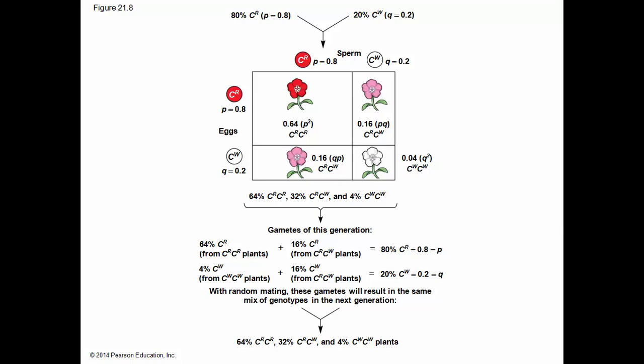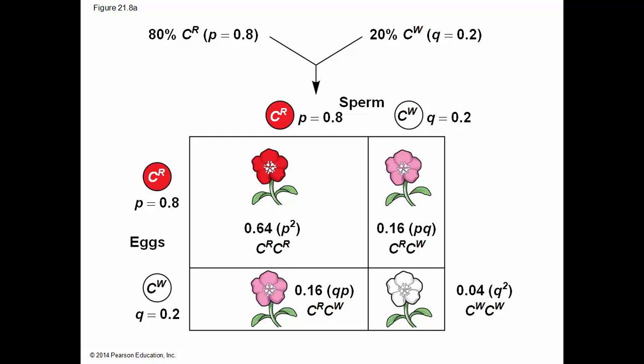Okay, so here we have the Punnett square, which shows us the dominant red flower, the heterozygous incomplete dominant pink flower, and the homozygous white flower. So if we cross two white flowers, we get 0.2 times 0.2. That's Q squared. That's 0.04.